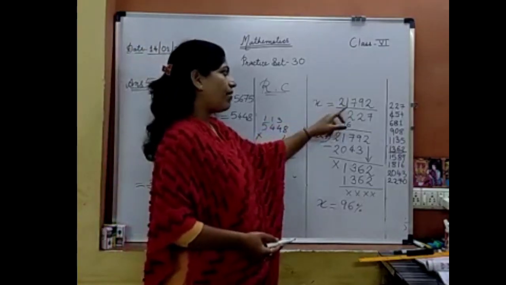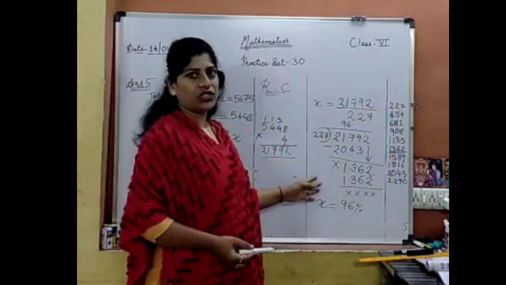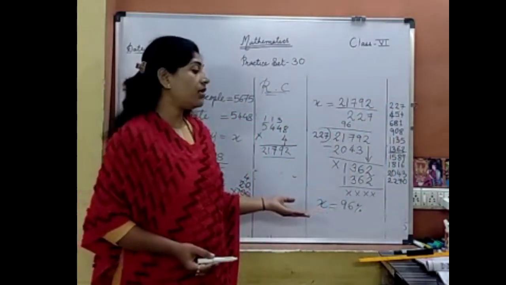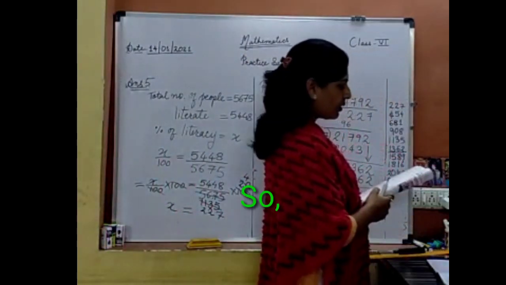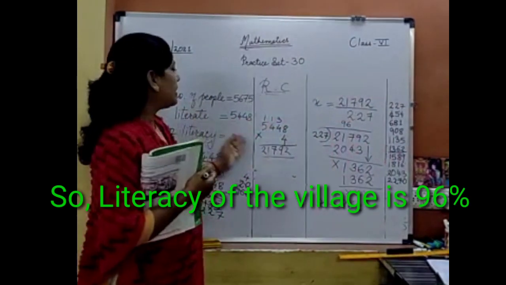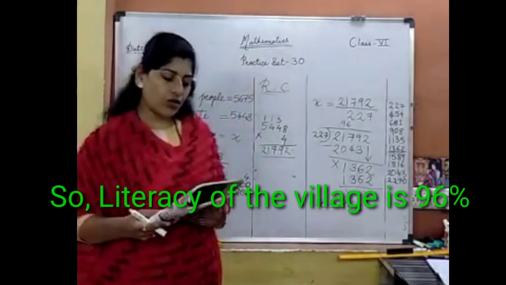So here we have written, then this is the table by which you can solve the division, and we got x is equal to 96%. So the children's answer is the literacy of the village is 96%. Okay. Now see the next question.